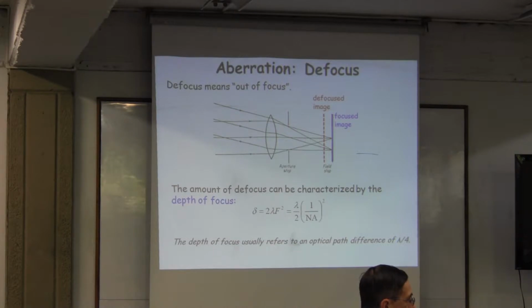Now, you would say it's stupid, why don't I put the detector in the right focus? But we're really talking about fractions of millimeters here, so it's really hard to get the right focus. Sometimes we talk about 50 micrometers or so.